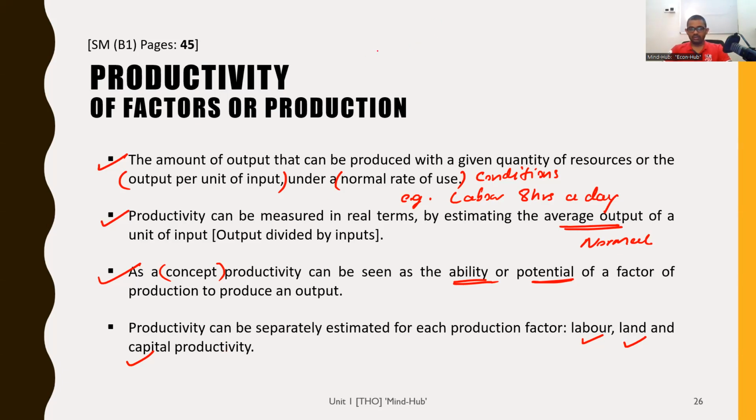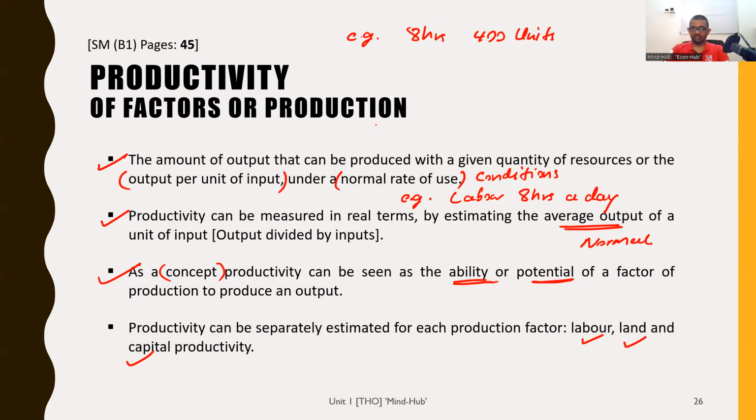And remember, once we have found the productivity, say a person works for 8 hours. We'll continue our example quickly. A person works for 8 hours and produces 400 units of something.